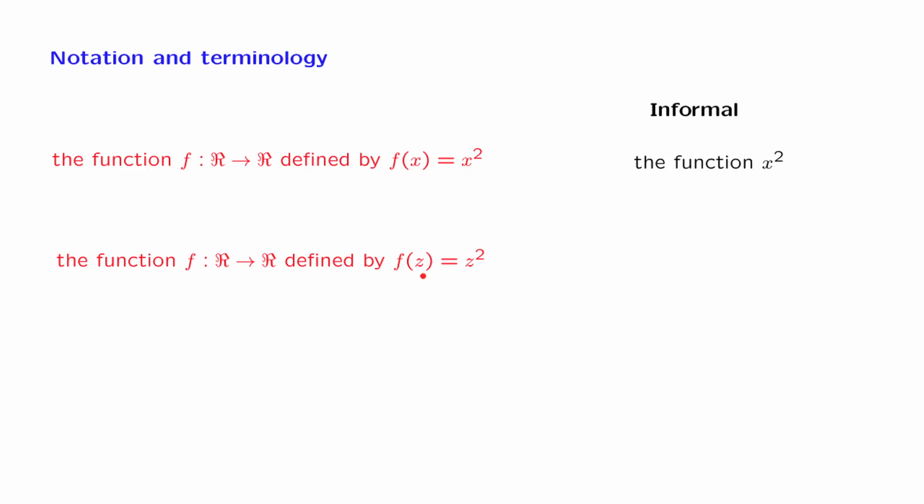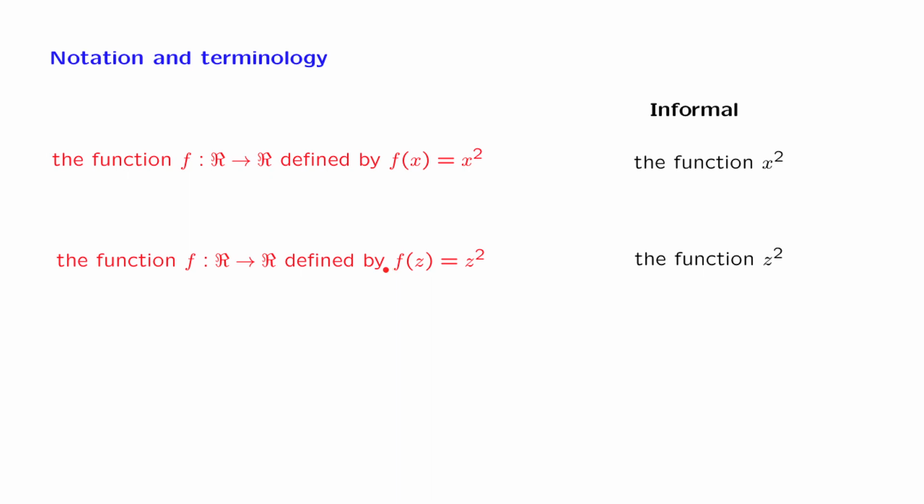They take an argument and they square that argument. Now, if you were to use informal notation, you would be referring to that second function as the function z squared. And now if you use informal language, it's less clear that the function x squared and the function z squared are one and the same thing. Whereas with this terminology here, it would be pretty clear that we're talking about the same function.